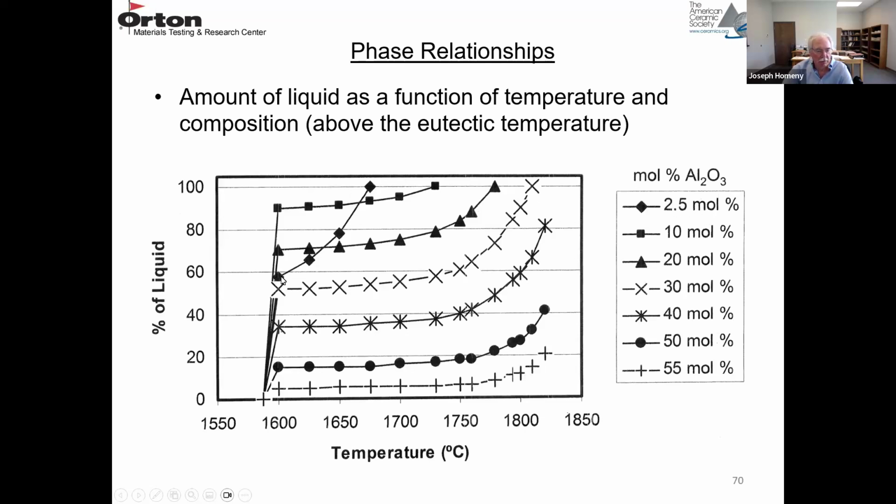So this is the one that goes to silica and liquid. It's a little different, but still there's a lot of liquid present as soon as you cross the temperature of the solidus curve. So obviously the refractories that are 50, 55 mole percent alumina are going to be far better than the ones with the low alumina contents.